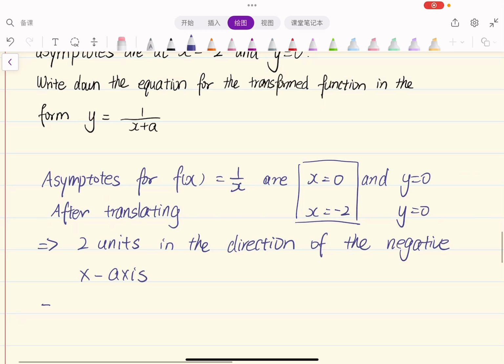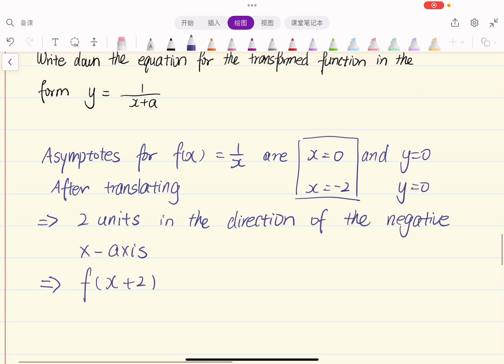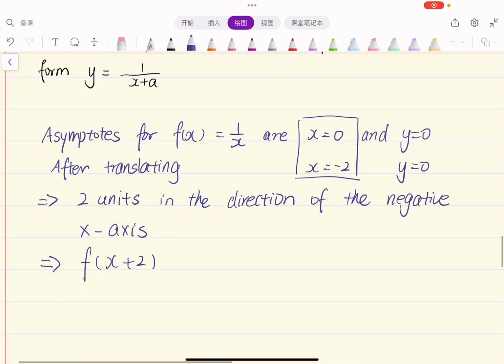That means you get f(x plus 2). So we have y equals 1 over (x plus 2), a equals 2.